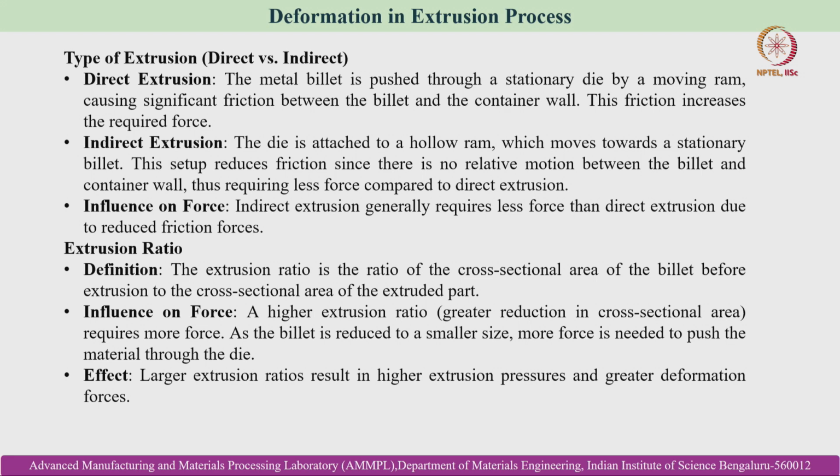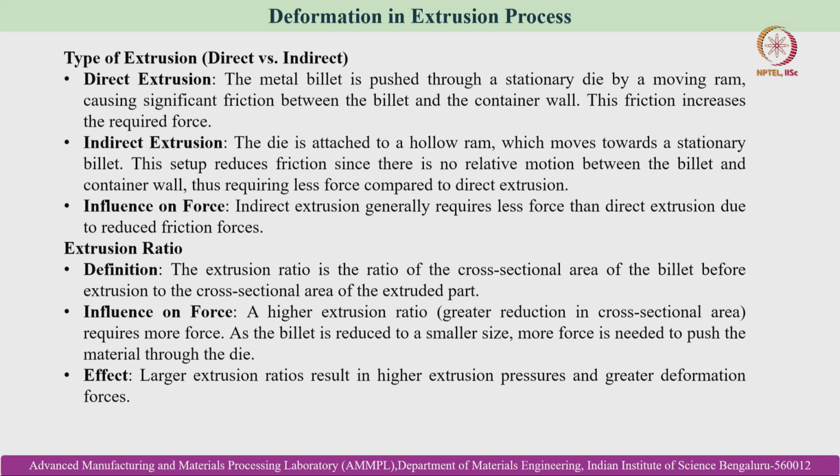The types of extrusion, as I have discussed already, can be classified as direct and indirect extrusion. In direct extrusion, the metal billet is pushed through a stationary die by a moving ram, causing significant friction between the billet and the container wall. This friction increases the required force, whereas in indirect extrusion, the die is attached to a hollow ram which moves towards a stationary billet.